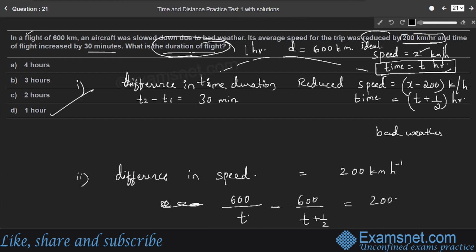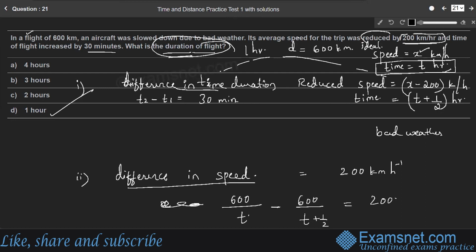So this method is by taking difference in speed. In the same way, you can consider difference in time duration. Since the time duration difference is half an hour, T2 minus T1 is equal to 30 minutes. Here T2 is the time, which is distance by speed.